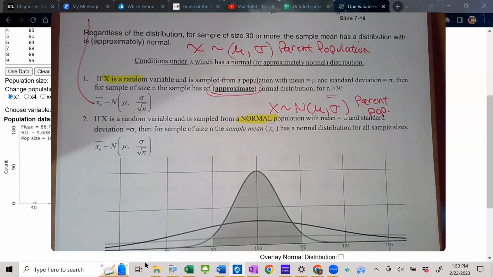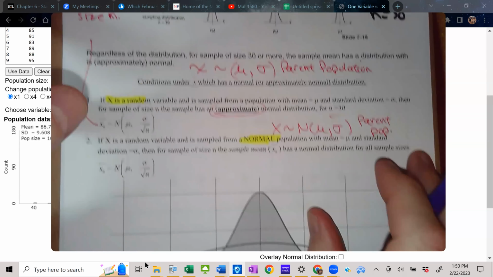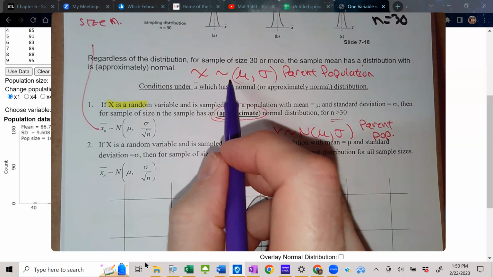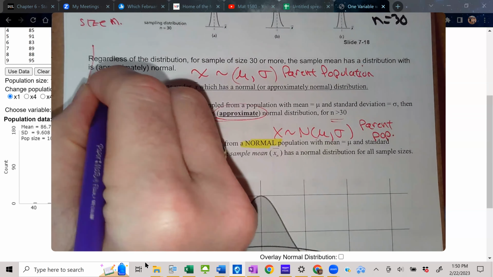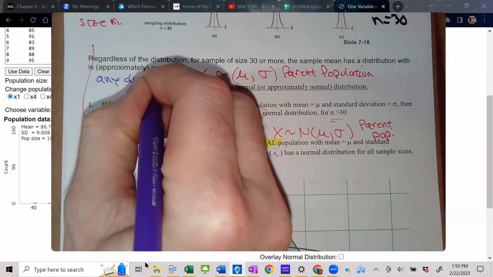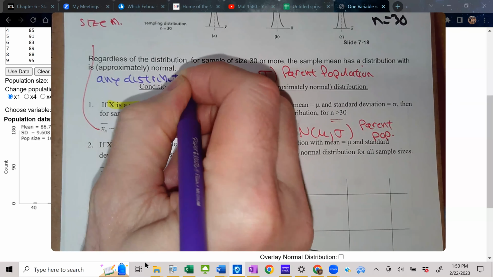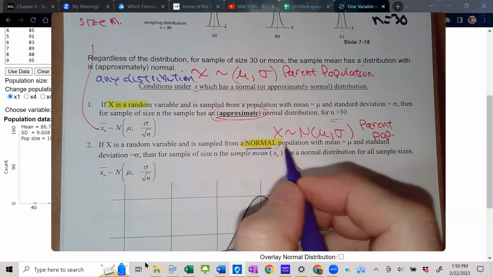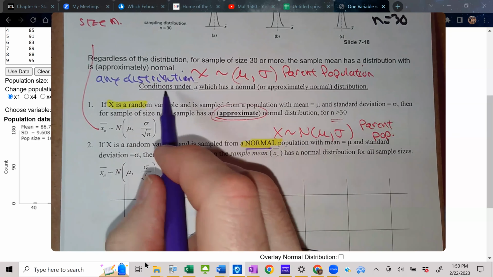Wait, what's the difference between the first one and the second one? I mean, I know I see an n, but... Yeah, the first one does not have to have a normal distribution. This could be any distribution. Oh, okay. Any distribution. Whereas this has a normal distribution to begin with. So here you're sampling from any distribution.